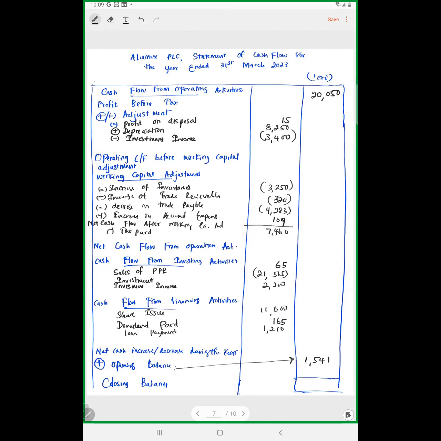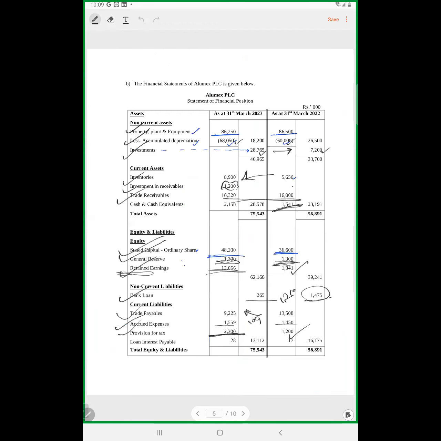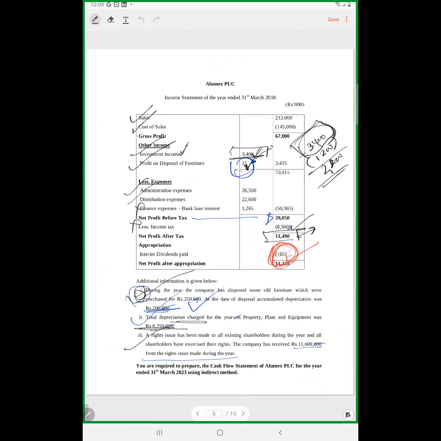Right? Then the final adjustment is what? Loan interest payable. And you can see here in the income statement you are also given the bank loan interest. Bank loan means financing activity, right?